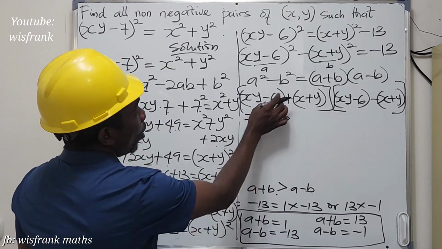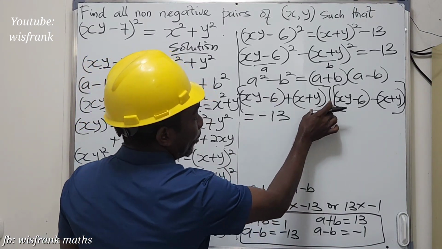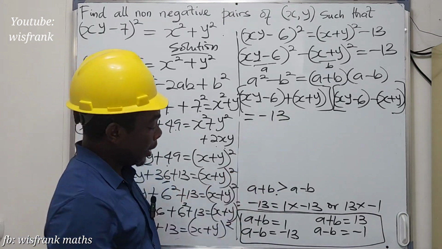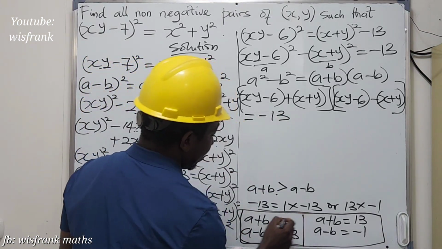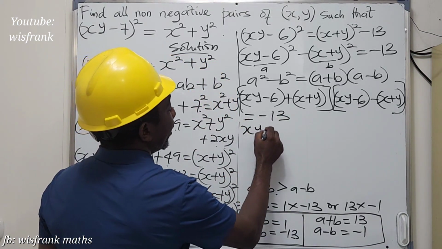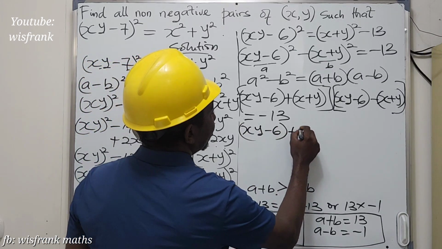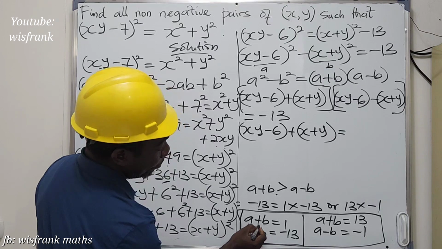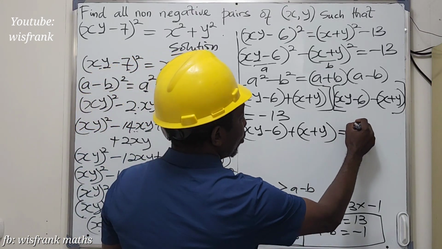That means the first bracket here will equal the first factor. Let's take this first. So we have xy minus 6 plus x plus y, and since we said a plus b equals 1, this will equal 1.